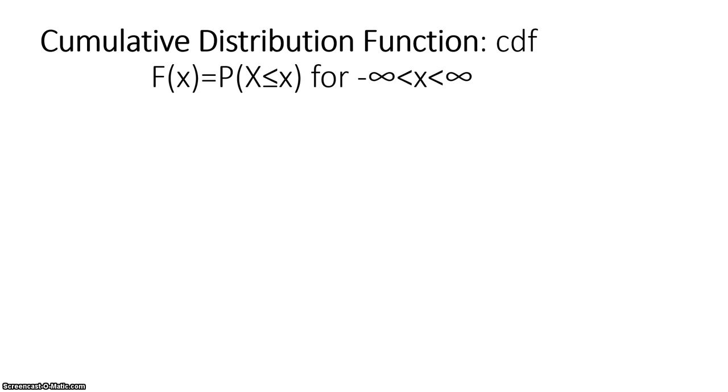We use the notation big F of x instead of our little f of x for the cumulative distribution function. And the cumulative distribution function is actually defined not just for the values that can occur of our random variable, but for all values from negative infinity up to infinity.